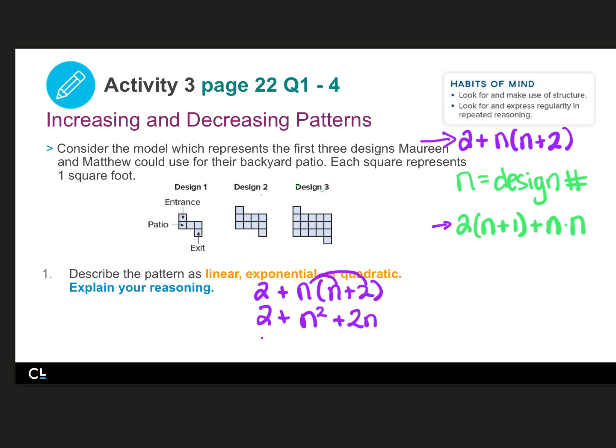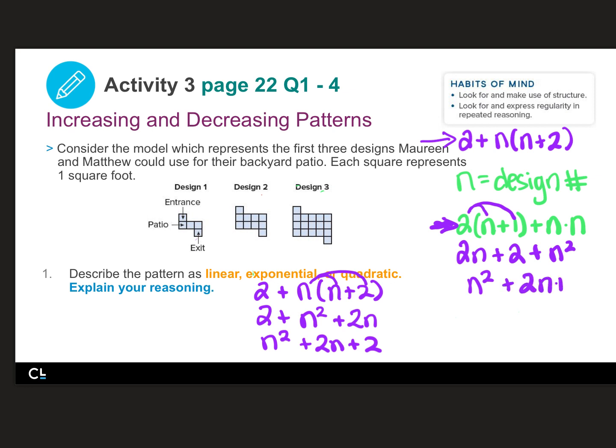And if we write it in descending order, I'm going to put the n squared first, followed by 2n plus 2. If I take our green expression here and do the same thing, I can use the distributive property to multiply 2 times n, and then 2 times 1, and I can say that n times n is n squared. And if we write it from highest power down to lowest, we also have n squared plus 2n plus 2.